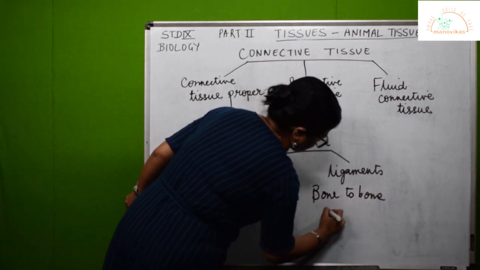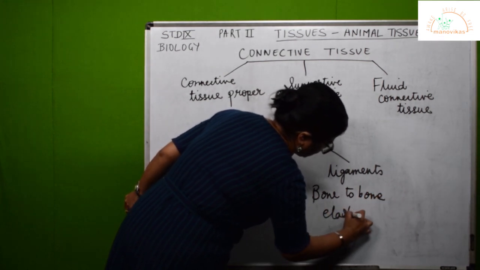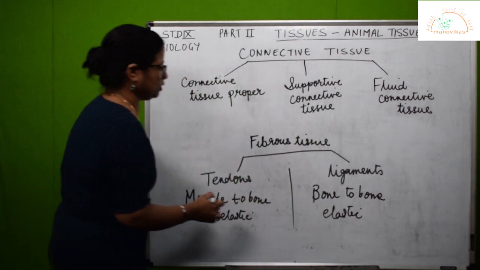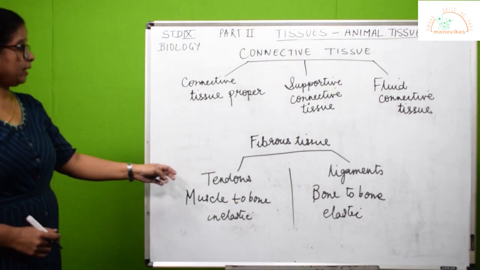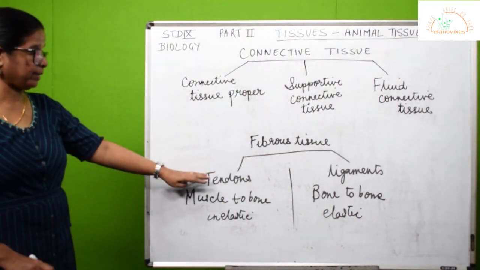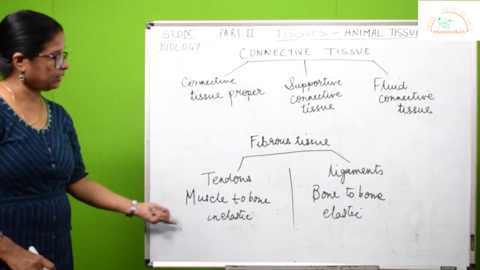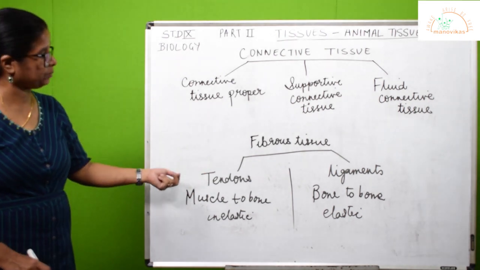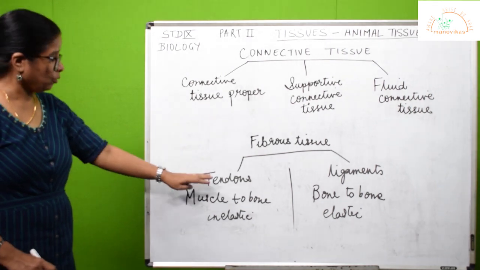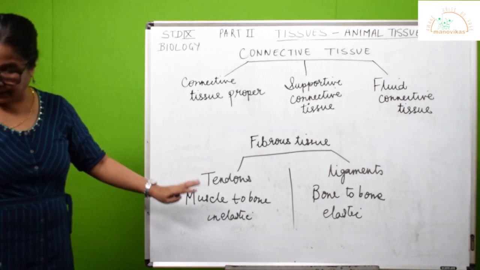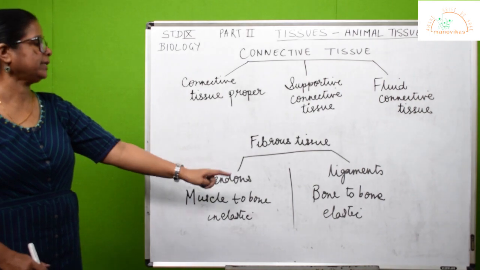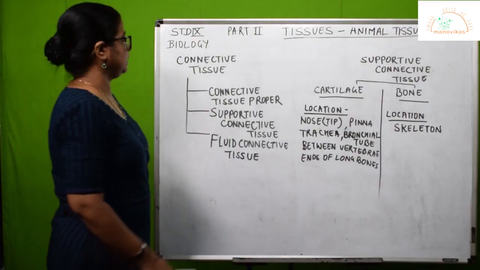They are elastic in nature. So this is a very important question that can be framed out of it. What is a tendon? What is a ligament? Or it can be asked as name the following. Please know who connects what to what. Tendons connect the muscle to the bone, and the ligament connects the bone to the bone.